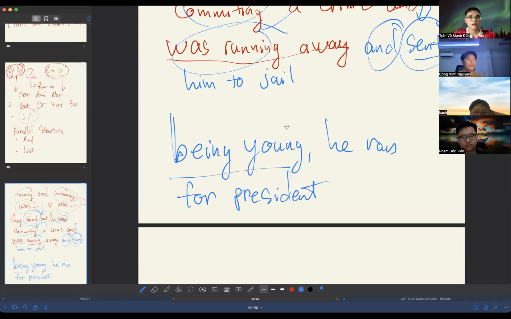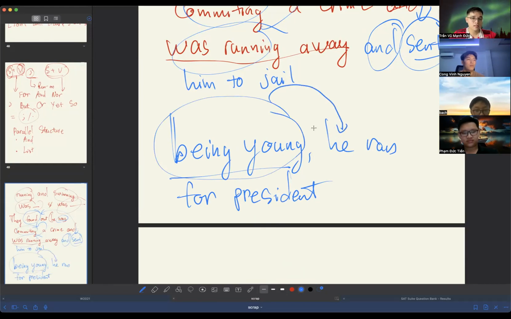Here, "being young" is a modifier because it modifies the word right before or right after it. It has to modify the one word or one phrase before or after it. Okay, so in this case, "being young" is modifying the word "he."